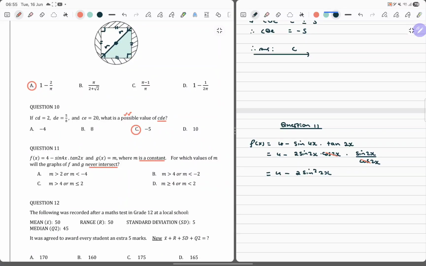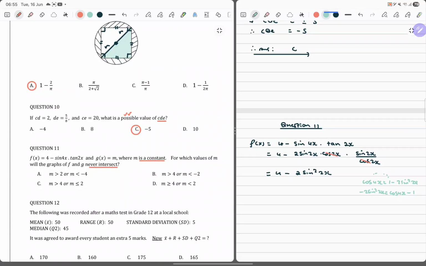But now this looks like our compound angle identities. So if we think about it, what about cos 4x? This would be 1 minus 2 sine squared 2x. How about we isolate this one? We know that minus 2 sine squared 2x would be, we transpose this, cos 4x minus 1.